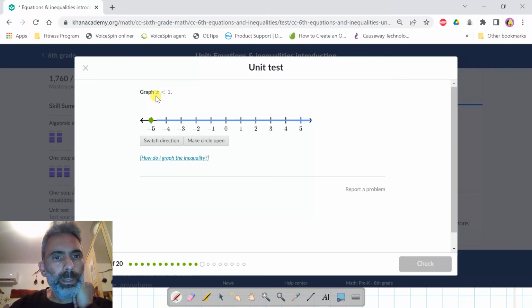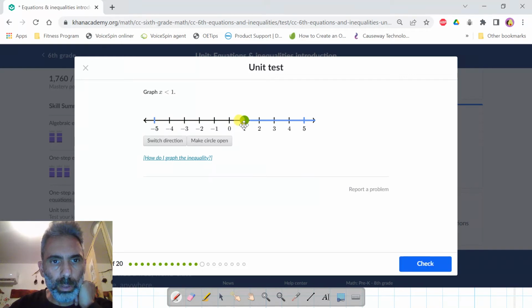Graph x is less than 1. So the point needs to be on 1, and the direction of the blue arrow needs to be to the left. Each value of x should be less than 1, but the circle needs to be hollow or open because we do not include 1.